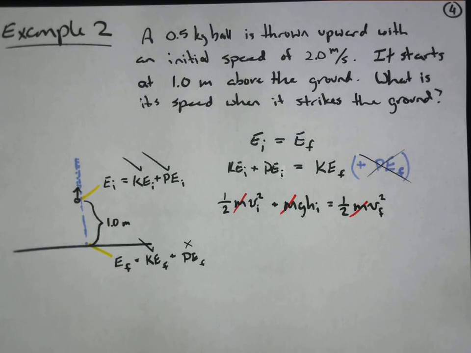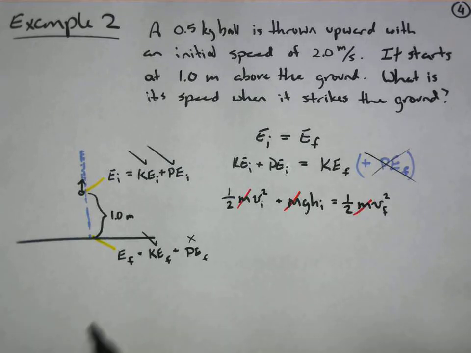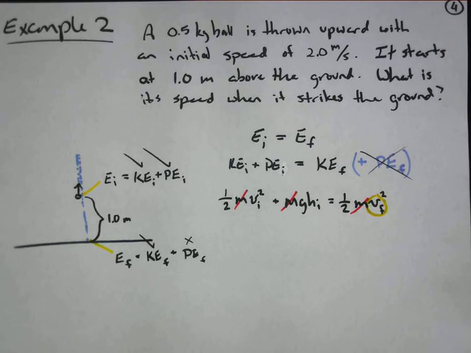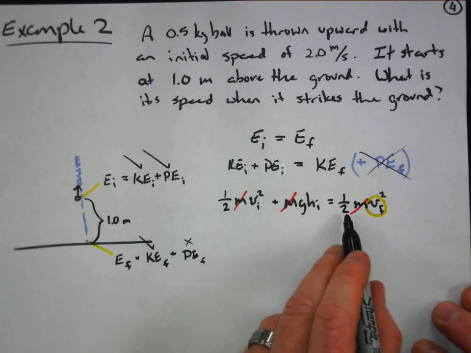Oh, excuse me. So look at this. Where's my unknown? My unknown is the final velocity. It's this guy. I want to rearrange that equation and solve for final velocity first. I'm going to have to multiply both sides by 2.